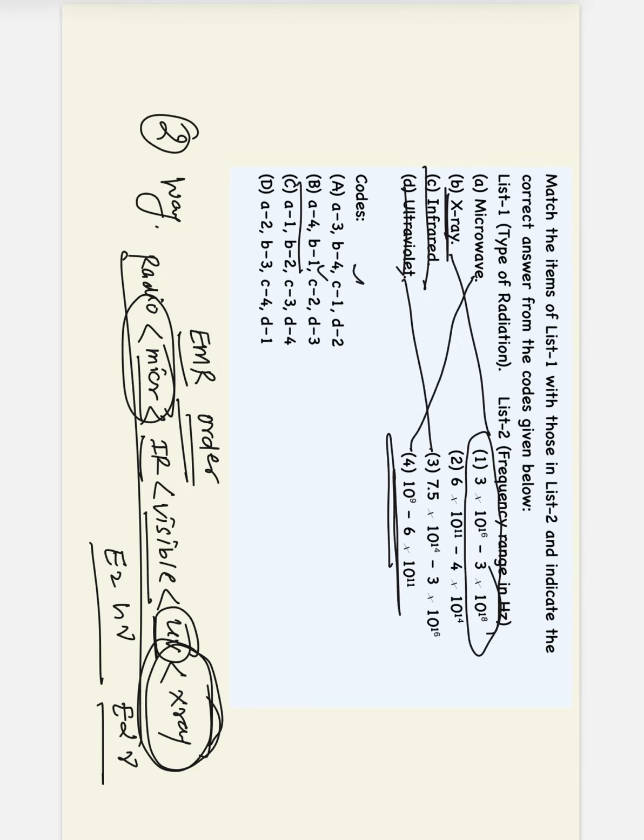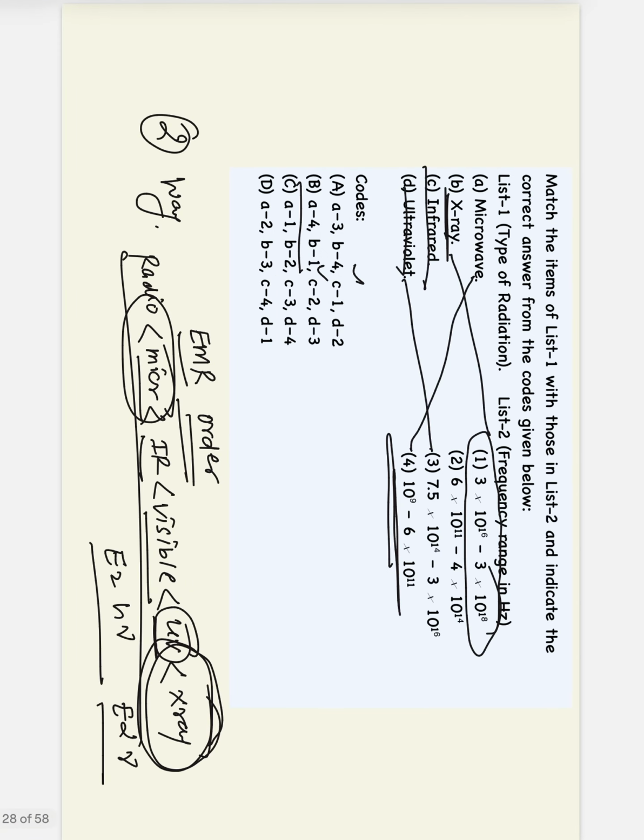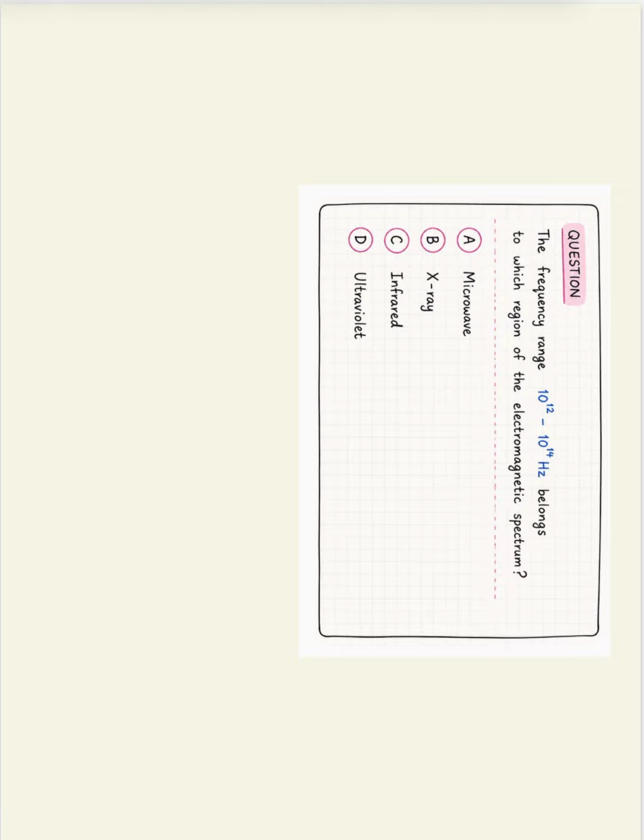But if you are not interested in recalling these data, you will definitely get trapped by this question. Okay, so that is a simple question. Which region of the electromagnetic radiation does the frequency region 10 to the power 12 to 10 to the power 14 hertz belong to?